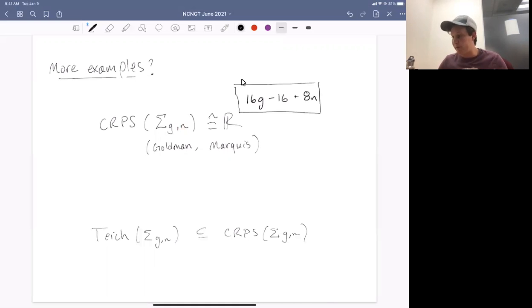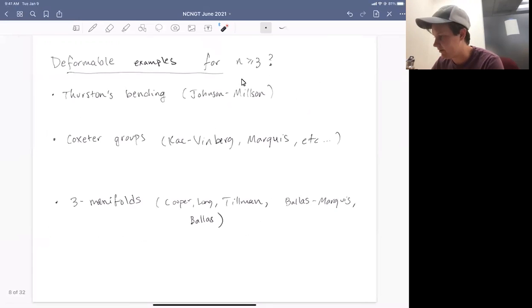This is much bigger than the Teichmuller space, which has dimension 6G minus 6 plus 2N. This Teichmuller space sits neatly inside this space of convex real projective structures via the ellipse example, because the Beltrami-Klein model, the hyperbolic example, is an example of a convex real projective structure. So there's a large moduli space of non-trivial examples.